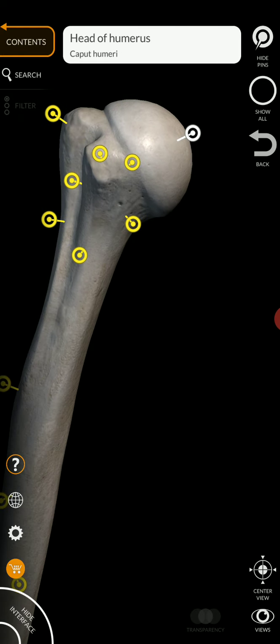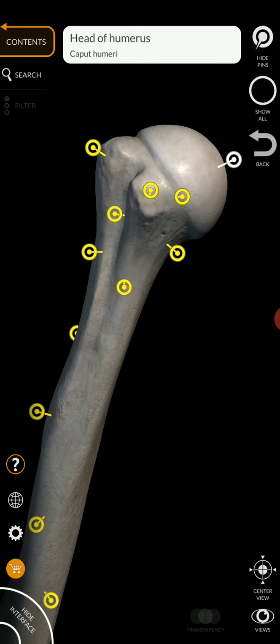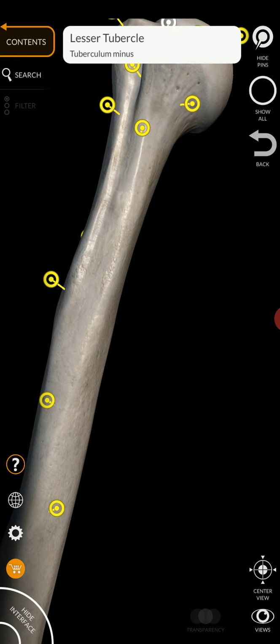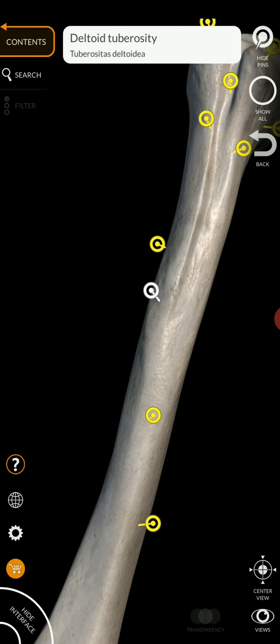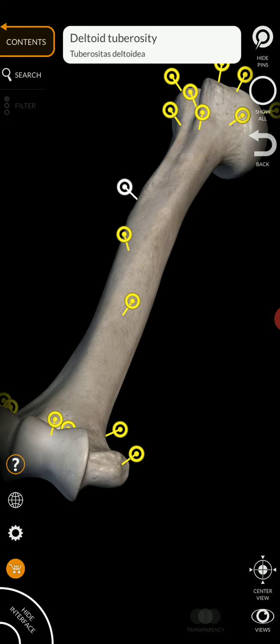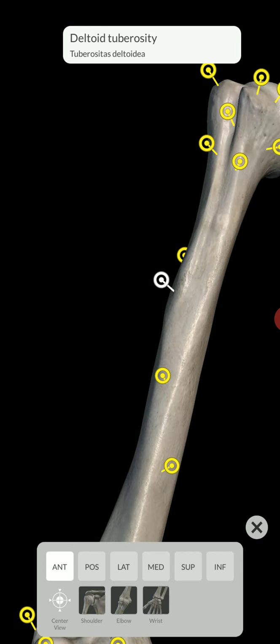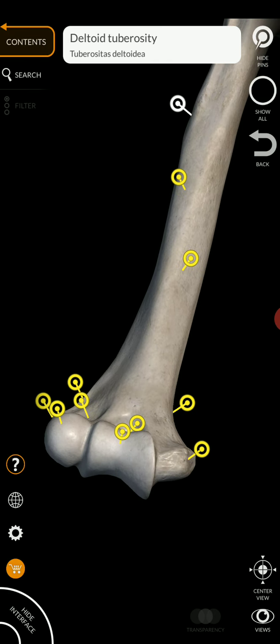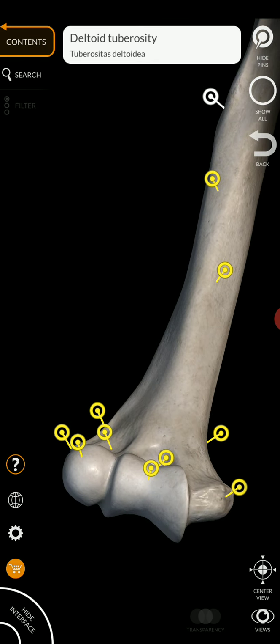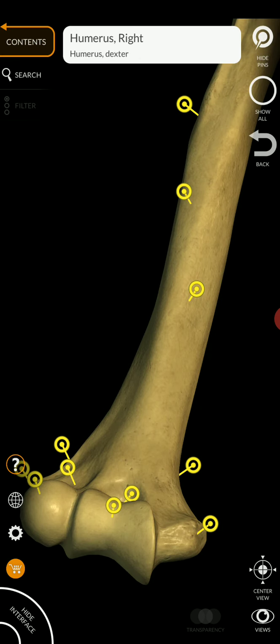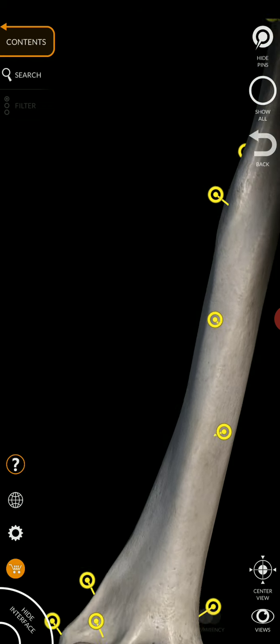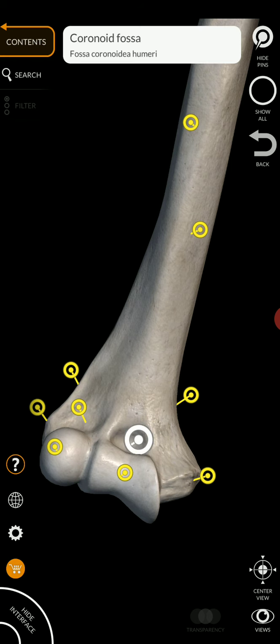So, head of the humerus, greater tubercle, lesser tubercle, deltoid tuberosity, and then here at the distal end we have medial epicondyle, lateral epicondyle, and, if I can get to it, the coronoid fossa, which you can't see as well here. Right, here it is, coronoid fossa.